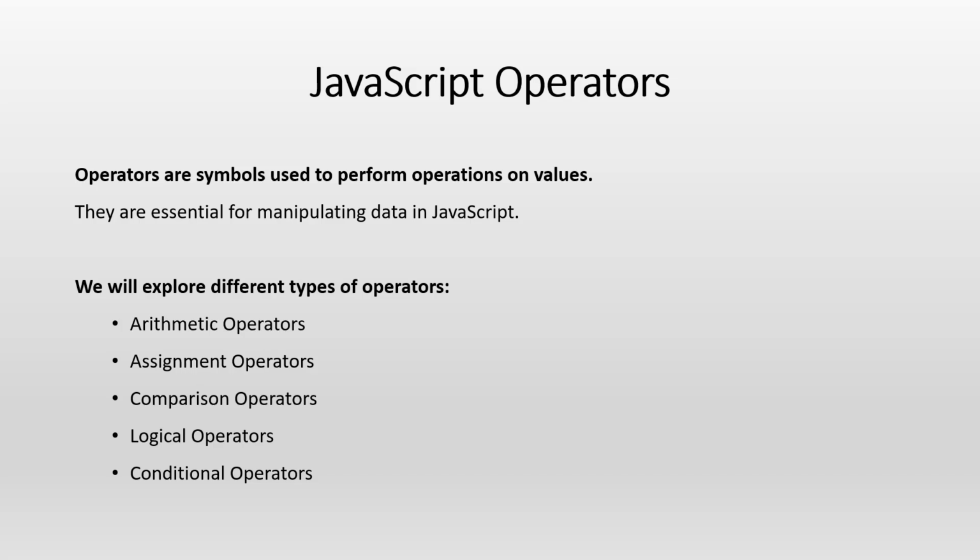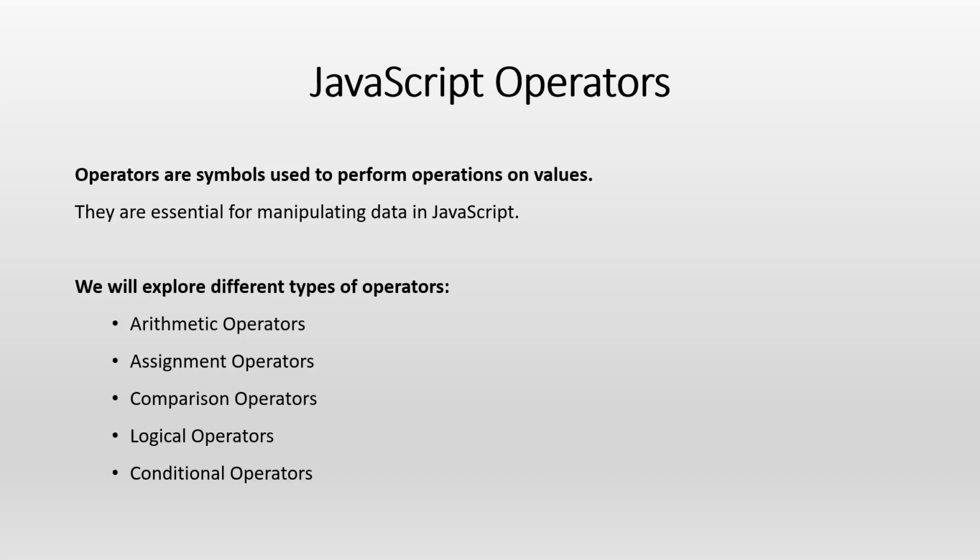In the similar way, there are some symbols to perform those operations in programming languages. Those are called operators. They are essential for manipulating data.